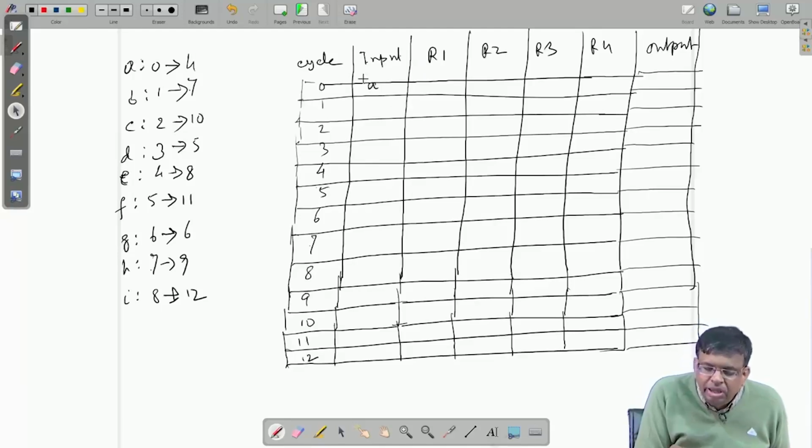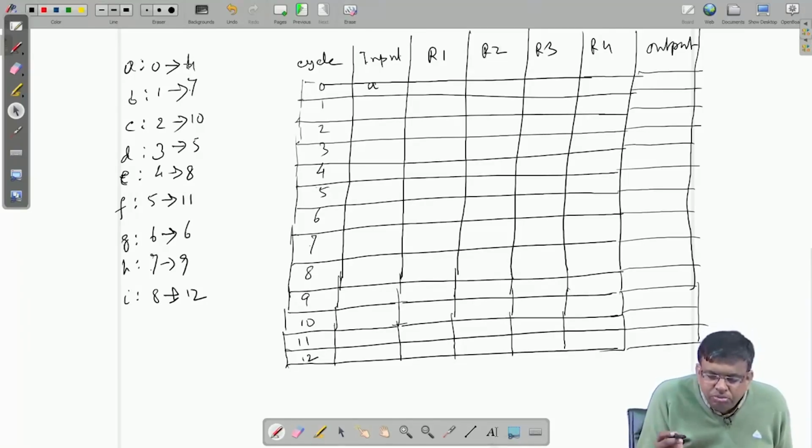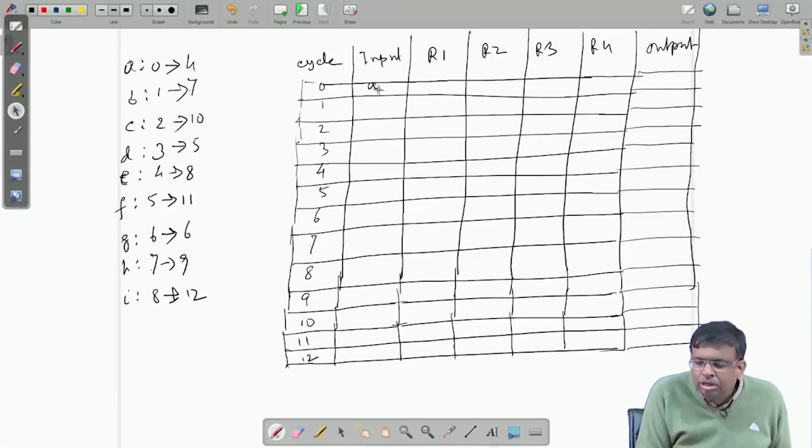You see it goes from 0 to 4. You remember that lifetime chart: it started from 0, then goes to cycle 1, cycle 2, cycle 3, cycle 4, then gets consumed.